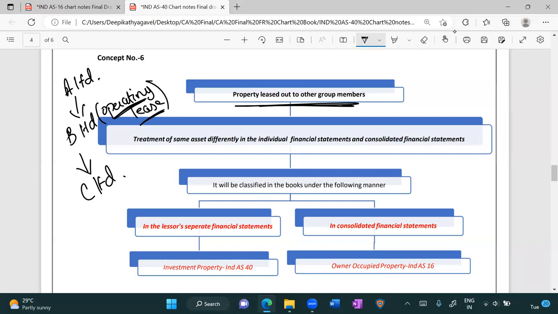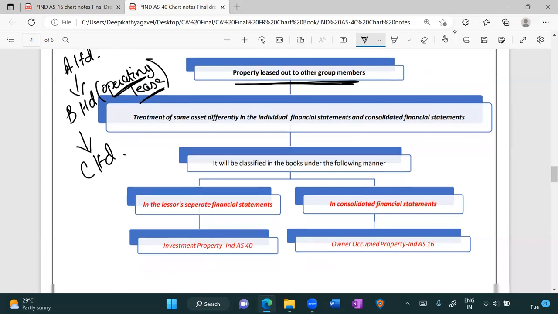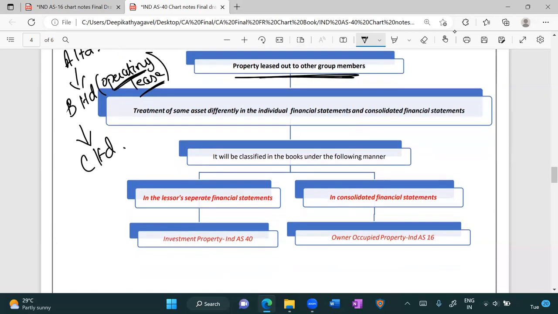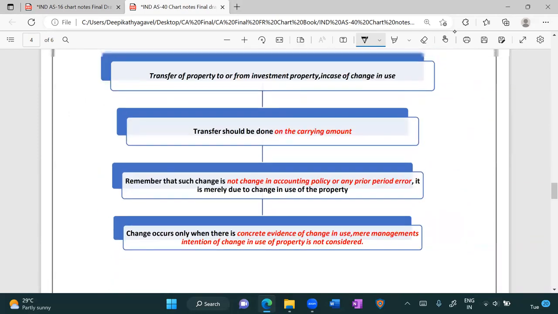In the second situation, A leases it to B and B subleases it to C. In standalone, for A, it will be investment property, and when consolidating also, it will remain an investment property. This is an important note. So whenever a property is leased out to group members, how you treat it in standalone and in consolidated financials is what we discussed here.